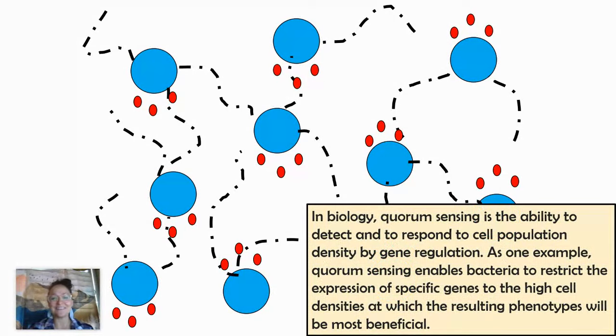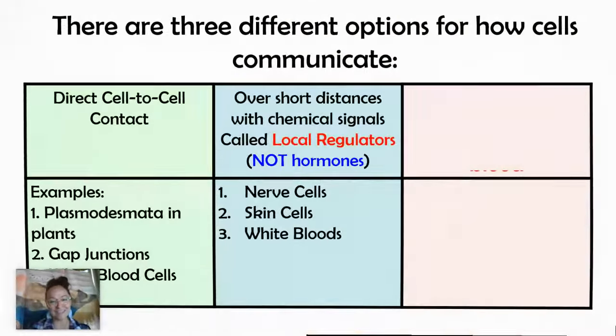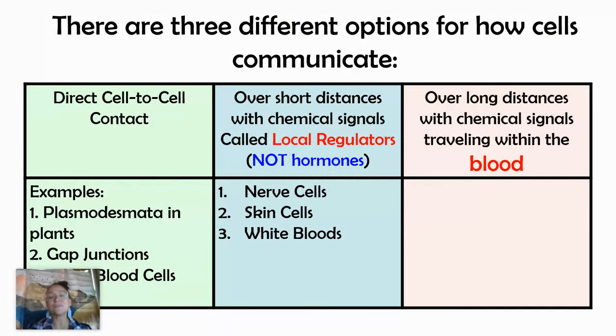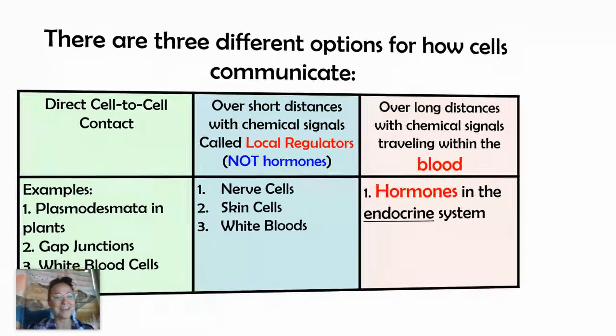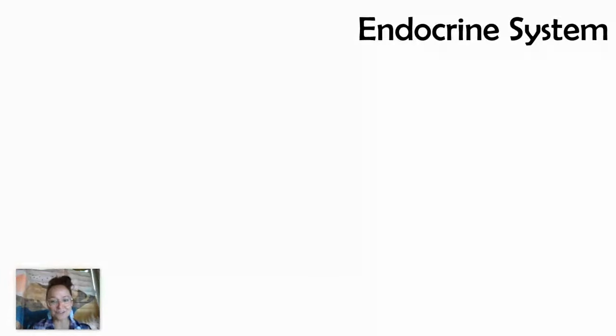Okay, and then our last way that cells can communicate is over long distances, through traveling through the bloodstream. So this is where we're going to use hormones as part of our endocrine system. So here we are on our last slide, okay? Now when we look at this, our endocrine system relies on glands.